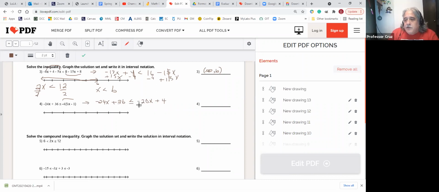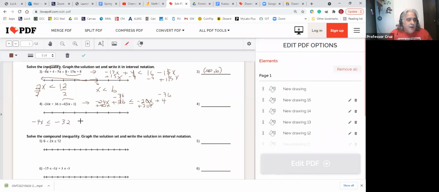So that means plus 20x. So these are going, that's going, and I will have negative 4x is less than or equal to negative 32.